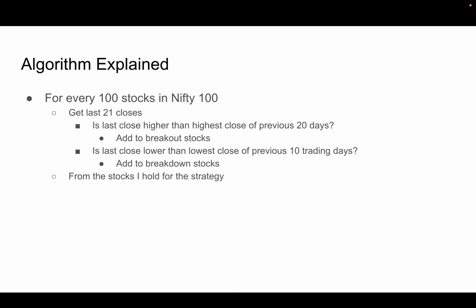So I'm looking at those 10 stocks and checking, are one or more of the stocks that I hold also in the breakdown stocks? Basically, I'm asking the algo to check if there are stocks that I hold that have broken down. Have they reached a stop loss?